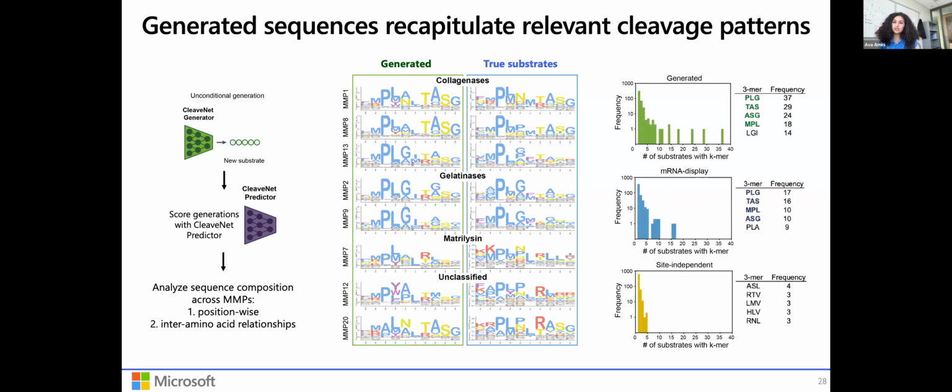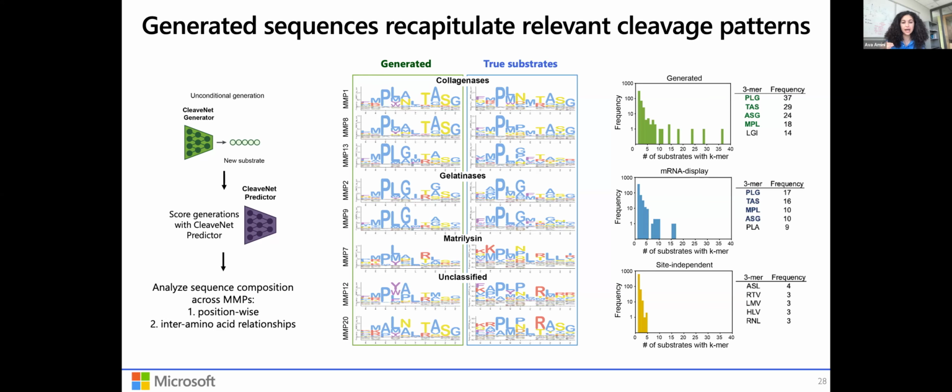And finally, considering now from an inter-amino acid dependency point of view, we again performed an analysis of these subsequences, now looking at these three mer motifs.